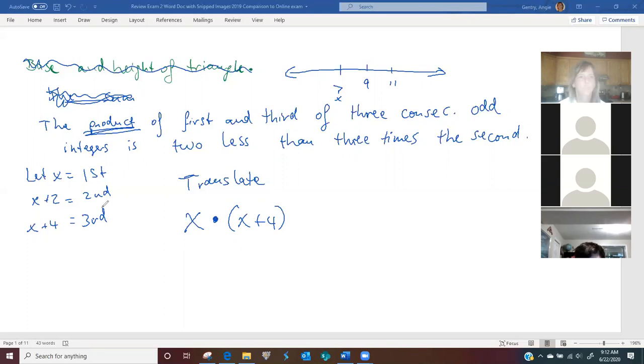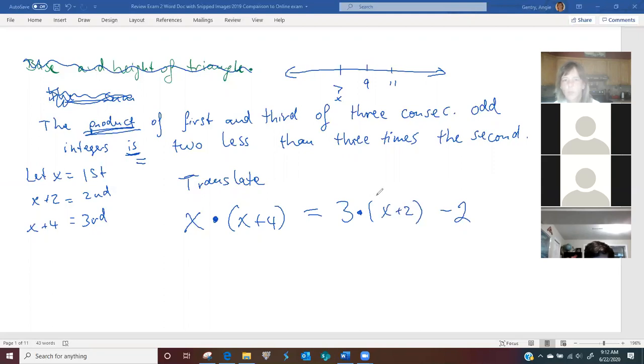Yes. Is means equals. So right there is your equals. 2 less, we're going to hang that at the end because we can't say 2 minus. 3 times the second, and the second integer is x plus 2.